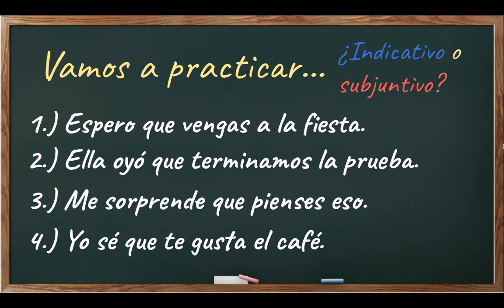All right, vamos a practicar una vez más. Hay 4 oraciones. Espero que vengas a la fiesta. Ella o yo que terminamos la prueba. Me sorprende que pienses eso. Y yo sé que te gusta el café.